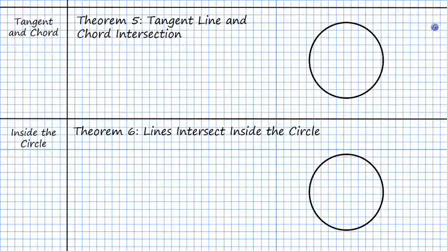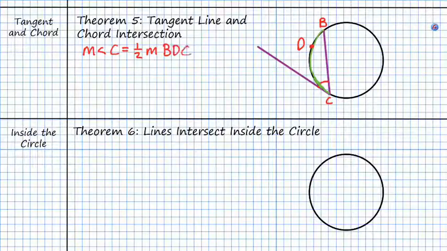In Theorem 5, we start to get into tangent lines and also chords. Theorem 5 is about when a tangent line and a chord intersect. This theorem states that the measure of angle C is equal to 1/2 the measure of BDC, which is the arc.